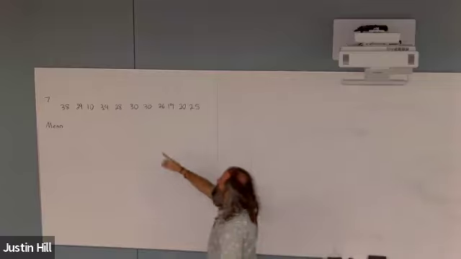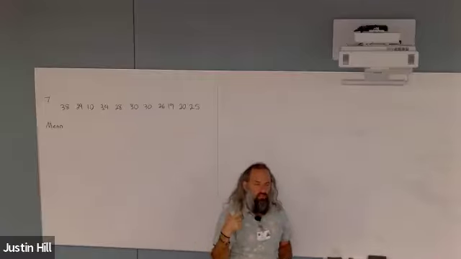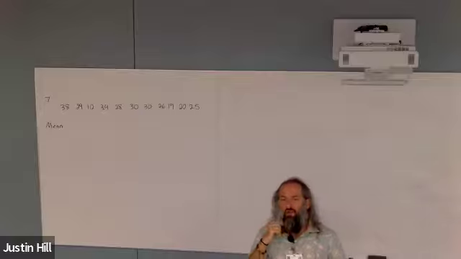So for the mean, you add all these up and divide by how many there are. Very simple. And like I said, it's probably what you have been taught the word average means.